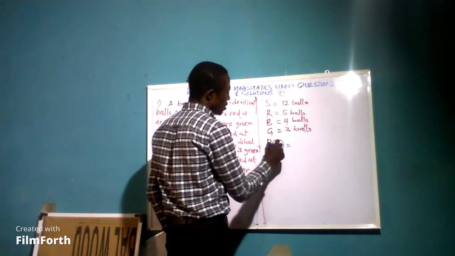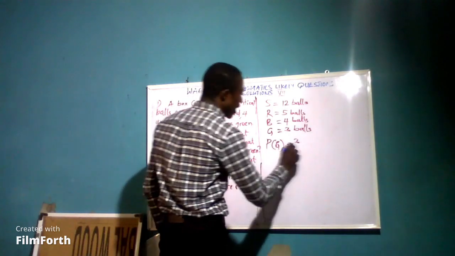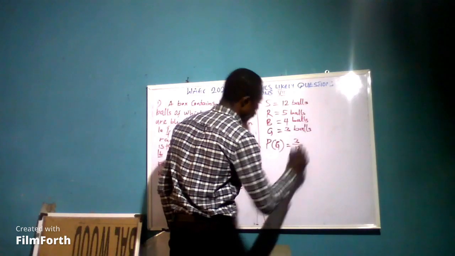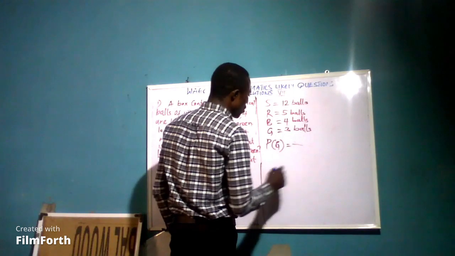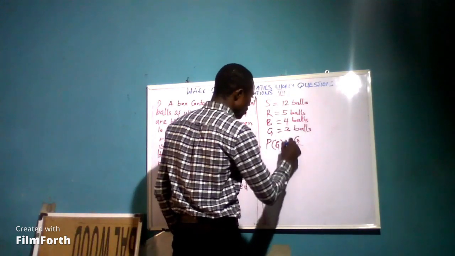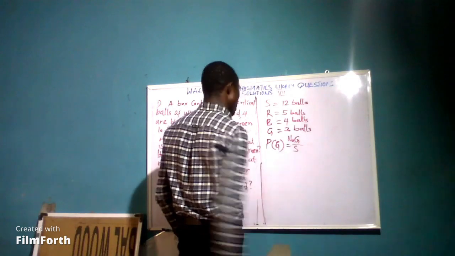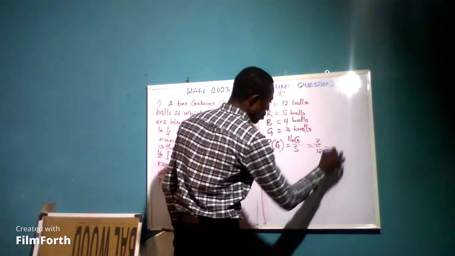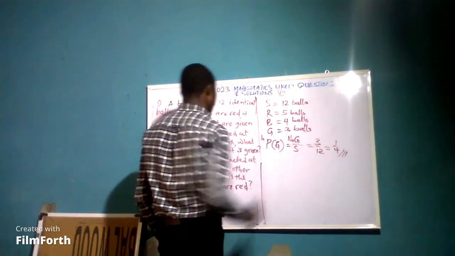The number of green is 3, all over the sample size, which is 12. Or to just take the formula, probability of green is equal to the number of green, n(G), all over the sample size, which will give you 3 over 12, and that will be 1 over 4. So we are done with question 1A.